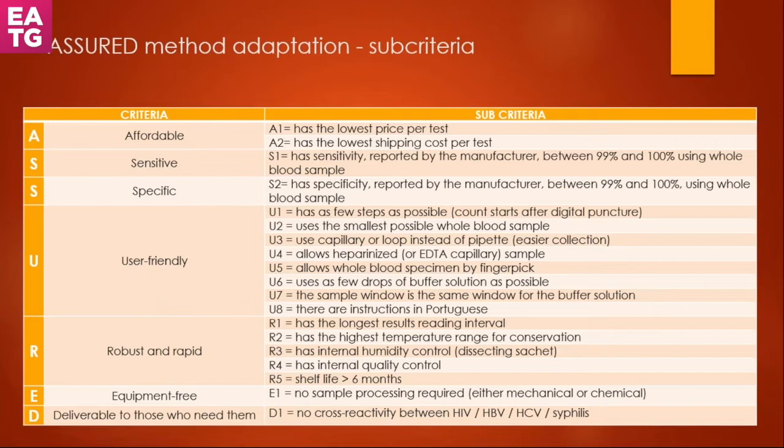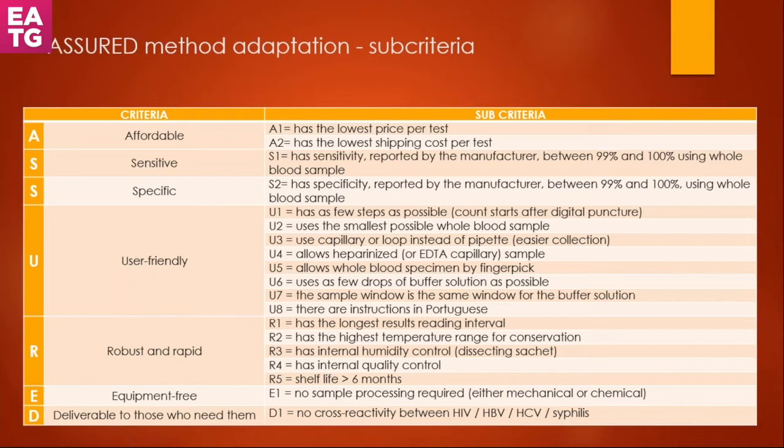We applied the ASSURED method. It's an adaptation of the ASSURED method that is presented for RDT comparison by the WHO. The criteria are the ones presented in the column on the left: affordable, sensitive, specific, user-friendly, robust and rapid, and equipment-free and deliverable to those who need them.